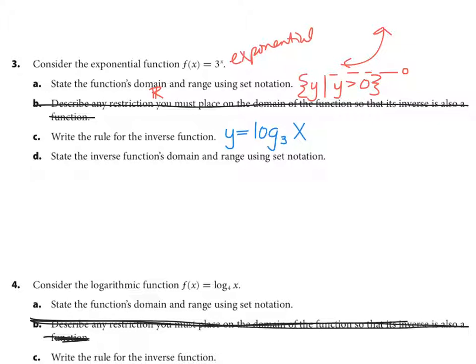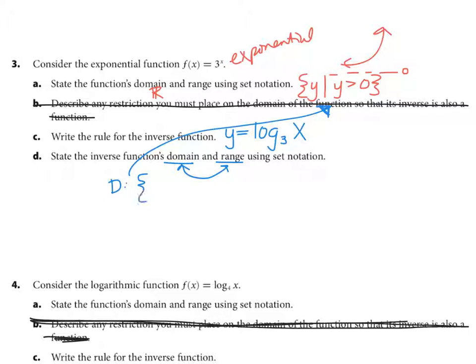We're going to state the inverse's domain and range. And even if you don't know what this graph looks like, which I can show you and we can talk about, domain and range for an inverse switch, x and y. So then the inverse's domain and range are going to switch. So in this case, the domain of the inverse is the range that I had of the original function.